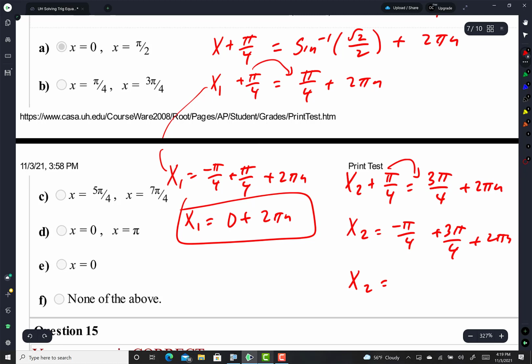That's going to be 2 pi over 4, which reduces to pi over 2. So x2 equals pi over 2 plus 2 pi n.